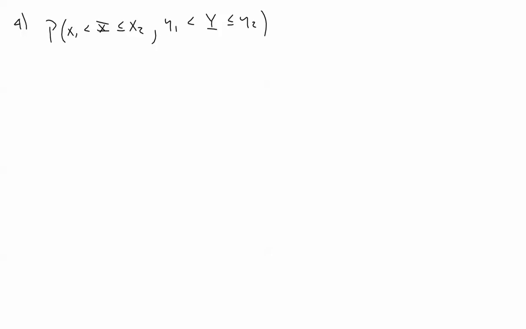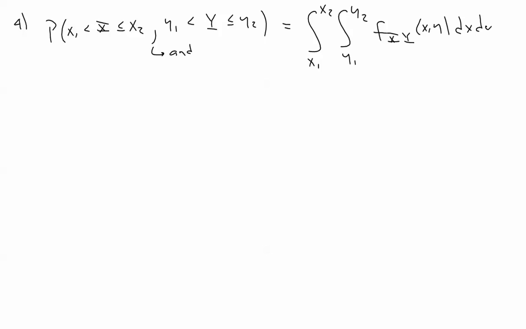If I want to know the probability that x lies within a certain range and simultaneously, remember that comma means an and, y lies within another range, this is simply a definite integral from x1 to x2, y1 to y2, of the joint PDF. Okay?